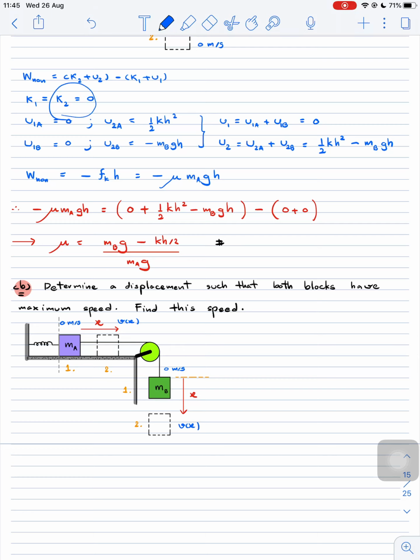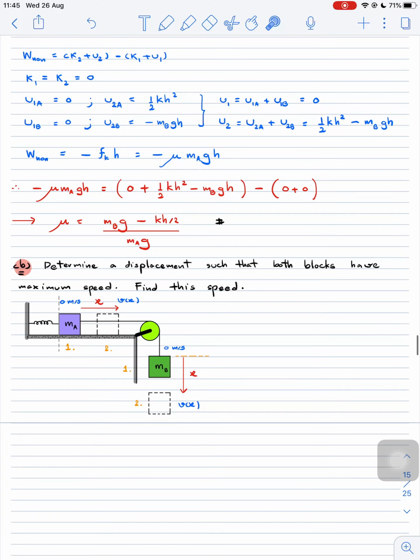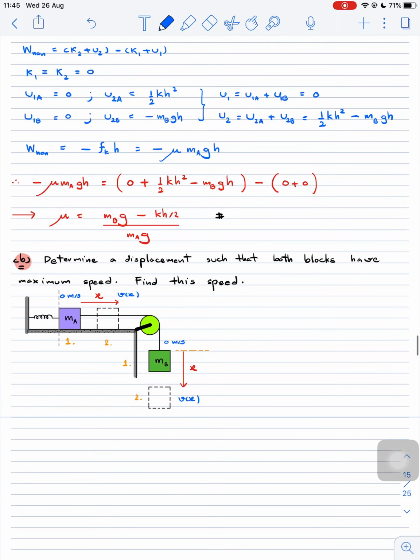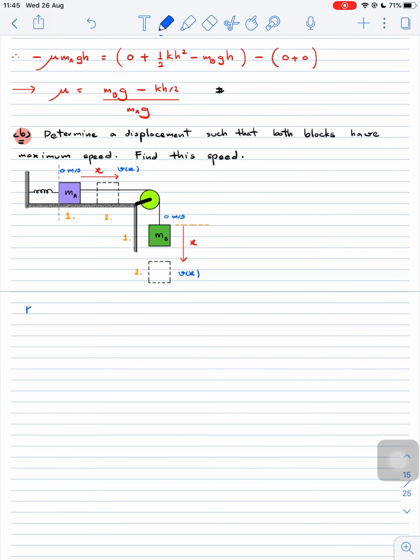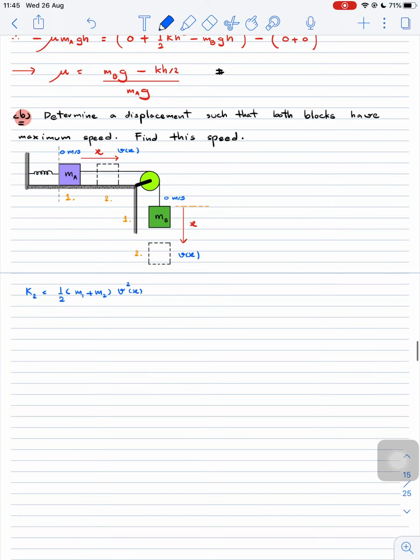K2 is not equal to 0 anymore, because right now we want to find the kinetic energy at the displacement equal to x. So K2 equals 1/2, because both of them have the same speed, so we can combine them as m1 plus m2 times v squared. Don't forget that this v just depends on the position x.